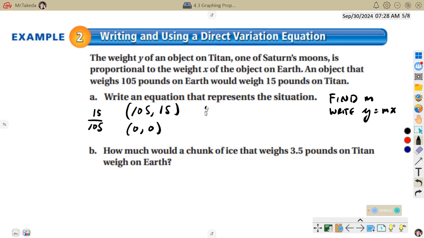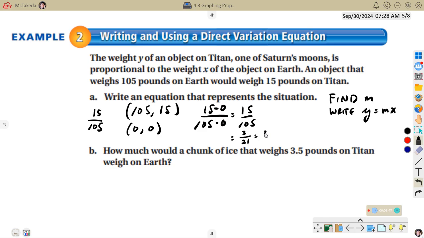Okay, so 15 minus 0 over 105 minus 0 is just 15 over 105. If I was to simplify this, I could reduce 15 by 5, and I would have 3. I can reduce 105 by 5, and I'd have 21.